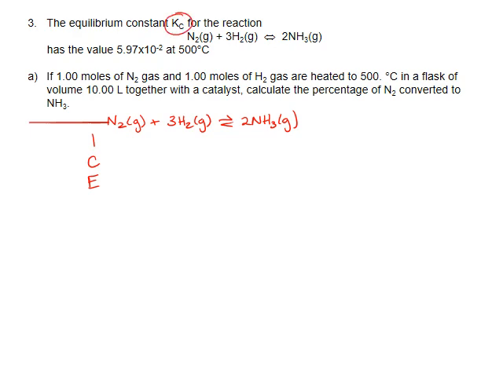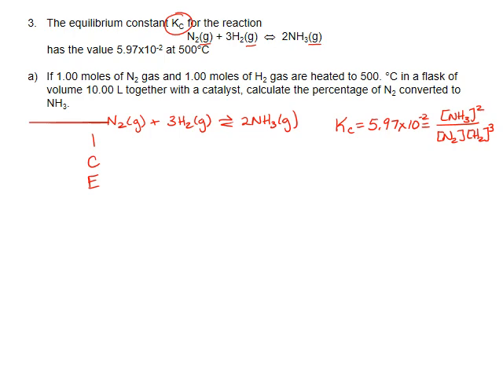Even though the reactants and products are in the gas phase, we still want to use concentrations because we're given a Kc. So our value of 5.97 times 10 to the minus 2 is going to be equal to the concentration of NH3 squared divided by the concentration of nitrogen divided by the concentration of hydrogen raised to the third power because of the 3 coefficient.